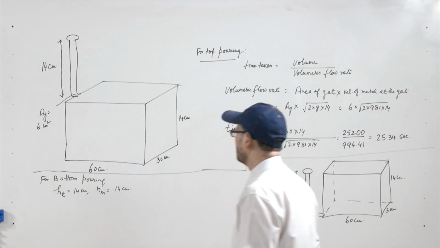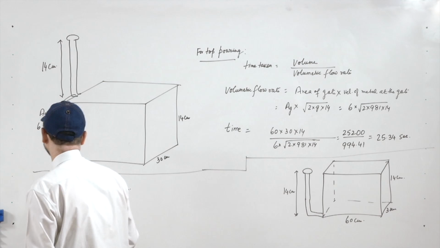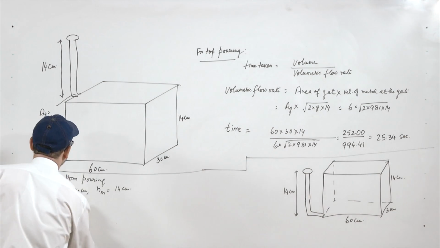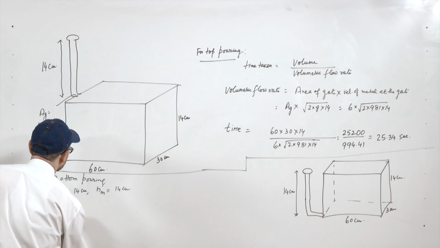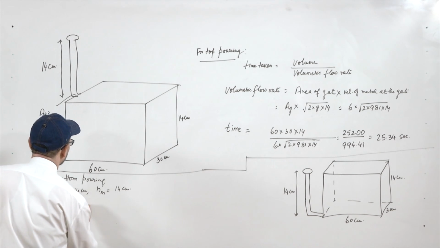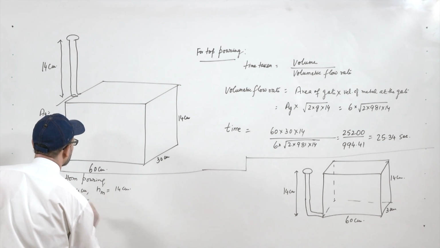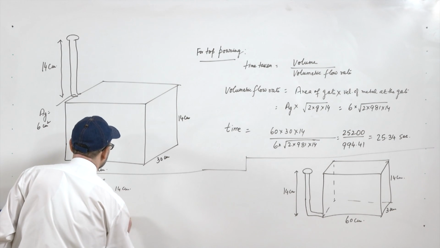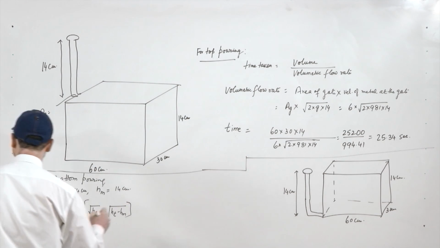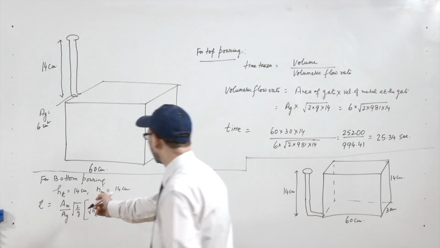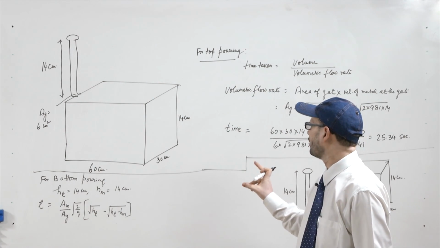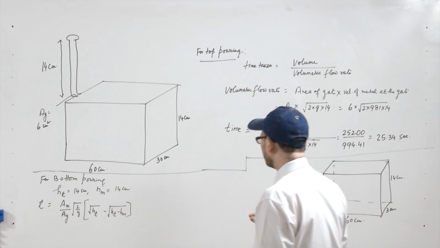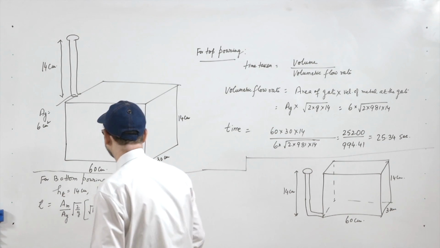So, using the bottom pouring, we know that for bottom pouring time taken is AM upon AG under root 2 upon g, under root HT minus under root HT minus HM. So, this is the formula which we had derived for finding the pouring time for bottom pouring. Now, in this case we will have all these values.